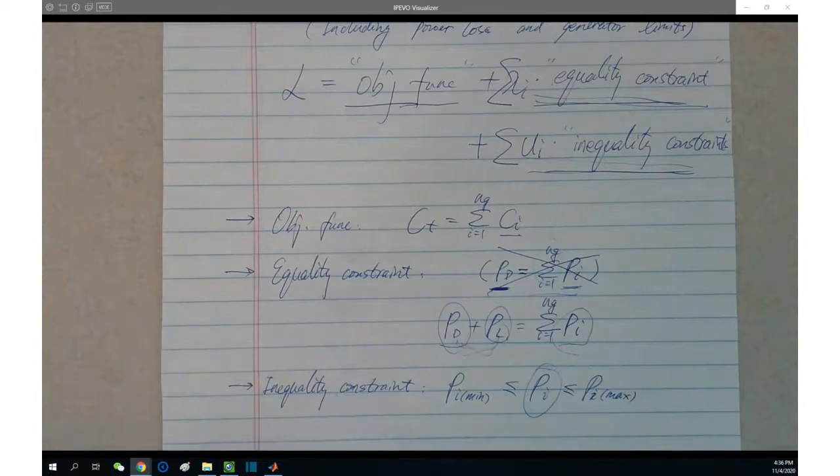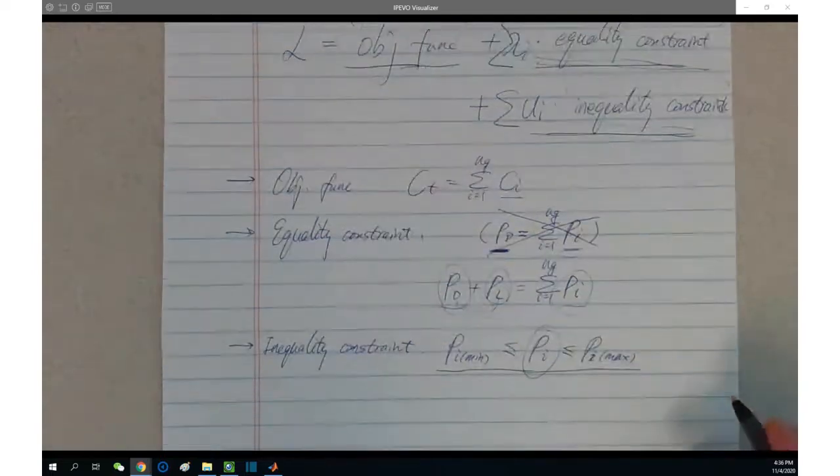But of course, you need to be careful. How many constraints are here, or how many groups? These are two, right?